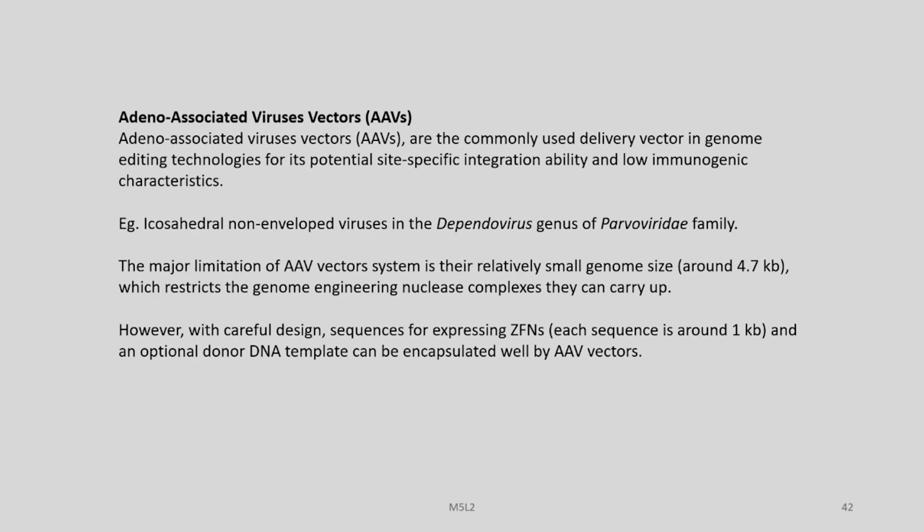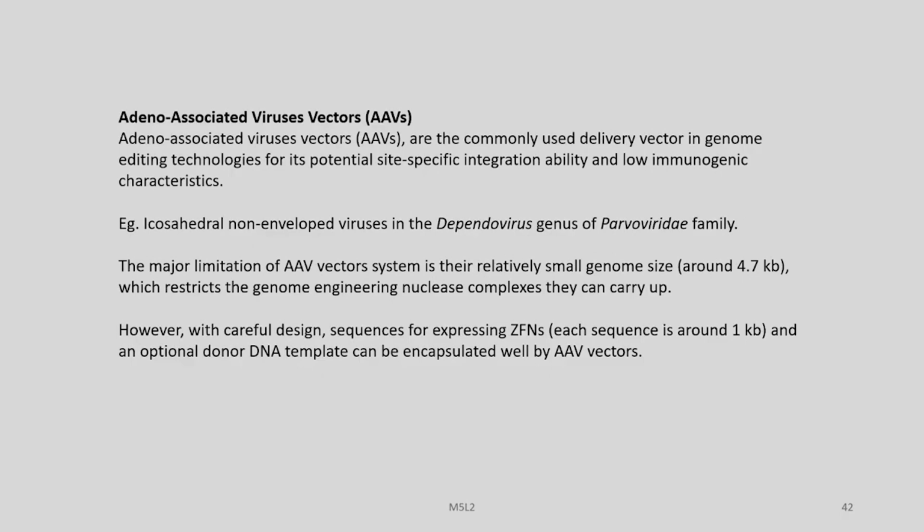Another viral vector that is used in delivering ZFNs for genome editing is the adeno-associated virus vector. The adeno-associated virus vectors are the commonly used delivery vector in genome editing technologies for their potential site-specific integration ability and low immunogenic characteristics, unlike the others discussed earlier.